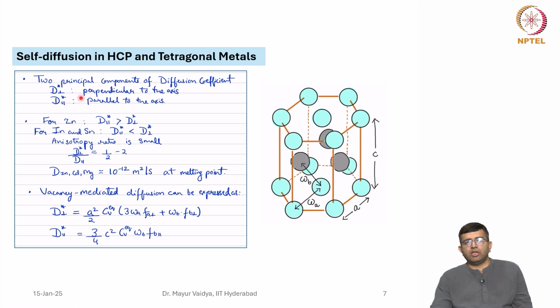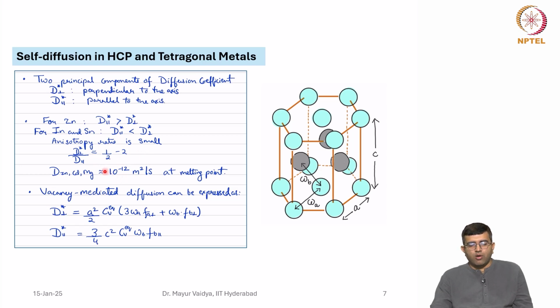One is the diffusivity perpendicular to the axis and D parallel to the axis. For zinc, let us say, the D parallel is higher, the D star refers to the tracer diffusivity, whereas for indium and tin the D parallel is lower than the D perpendicular. For these metals, the anisotropy ratio is rather small, in the range of 1/2 to 2.